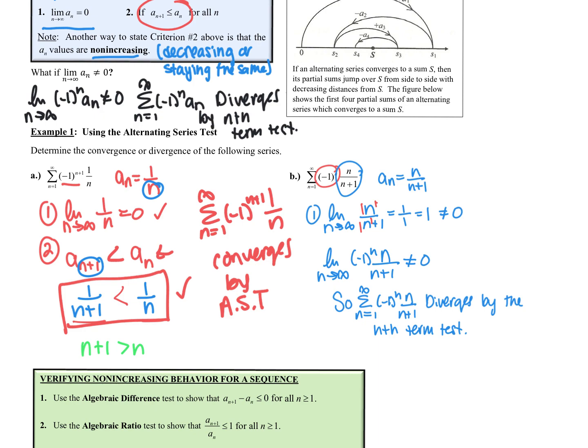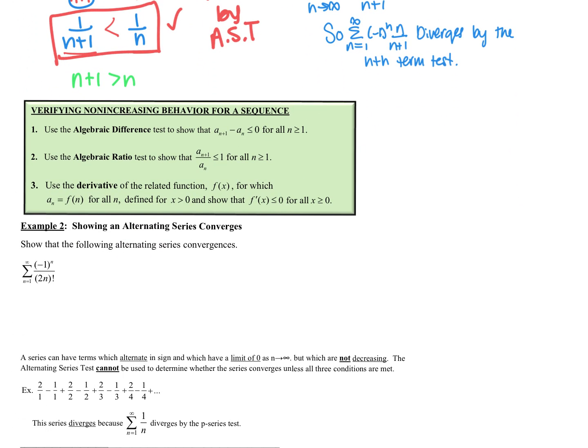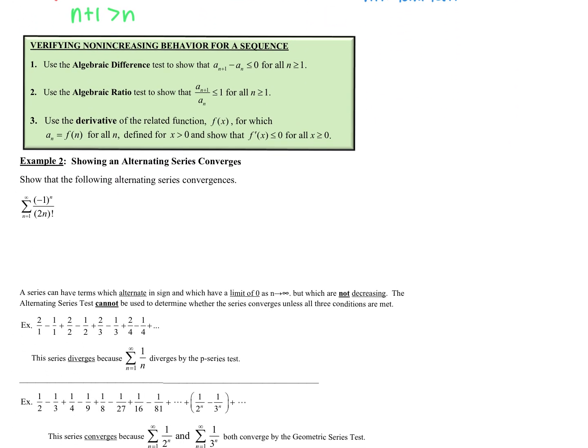But for now, I want to talk a little bit more about how to show that a sequence is non-increasing or decreasing, okay? So we just showed that by showing that a sub n plus 1 is less than or equal to a sub n.